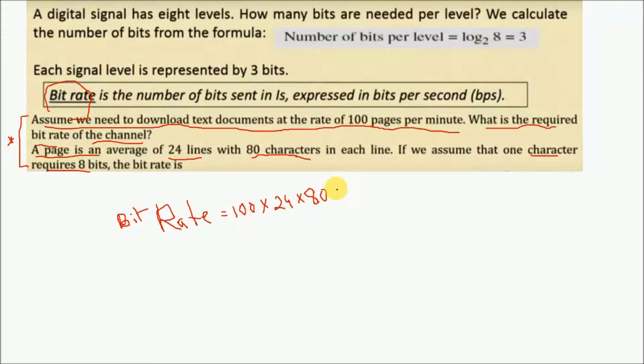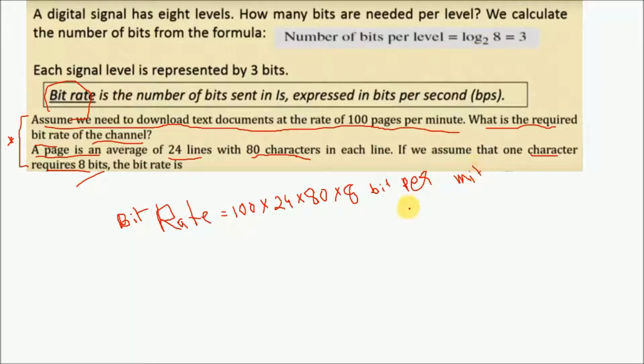So 100 multiply 24 multiply 80, and every character requires how many bits? 8 bits. So this will be the total number of bits required, and these bits will be transmitted per minute.